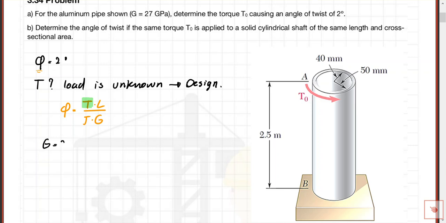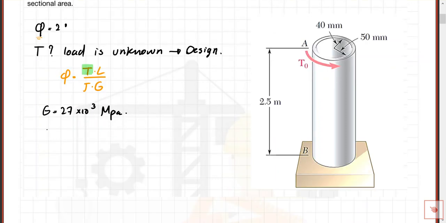Let's write down the information. I have G equal to 27 times 10 to the power of 3 megapascal. Then length equals 2500 millimeter. For J, I have C outer of 50 and C inner of 40.